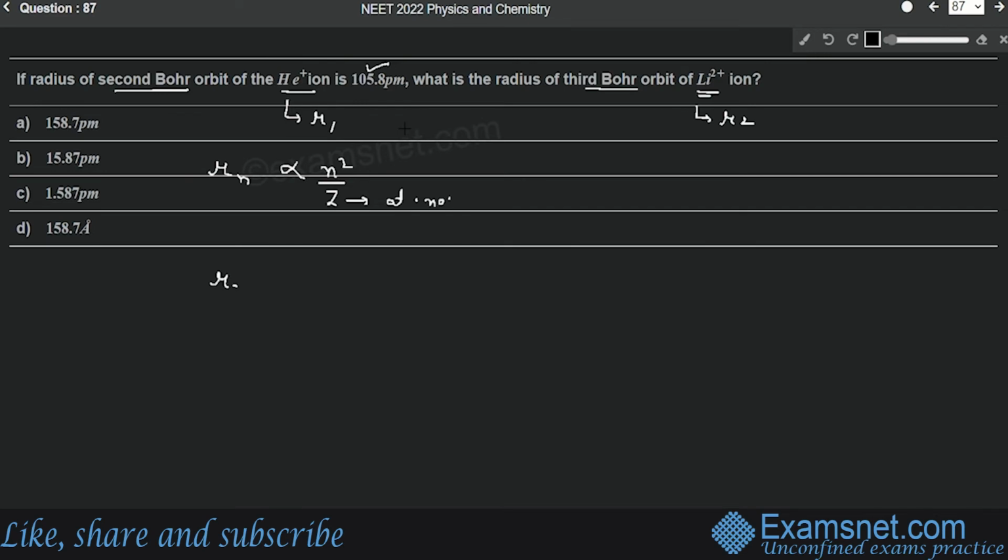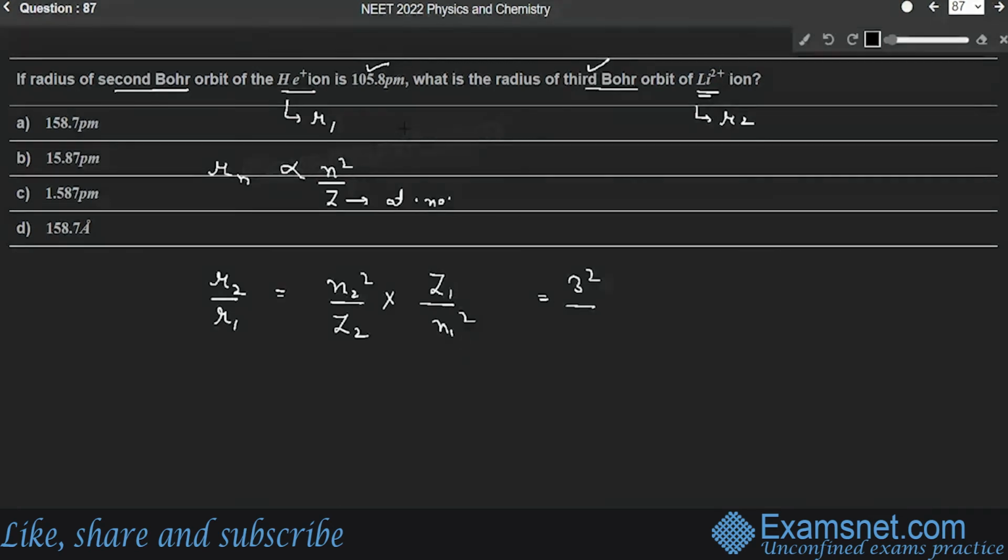So what will be the value of R2 by R1? R2 is lithium, right? So it will be equal to N2 square by Z2 into Z1 by N1 square. Here R2 is for lithium, that means N2 will be the orbit of lithium, so it is third Bohr orbit, so it will be 3 square, that means 9, divided by Z2.